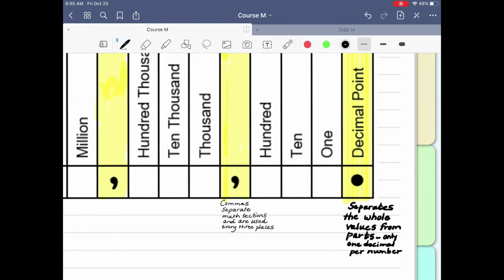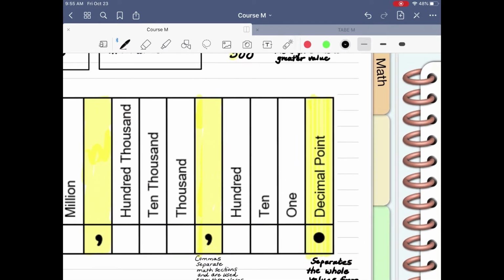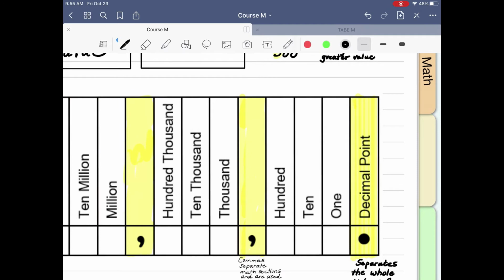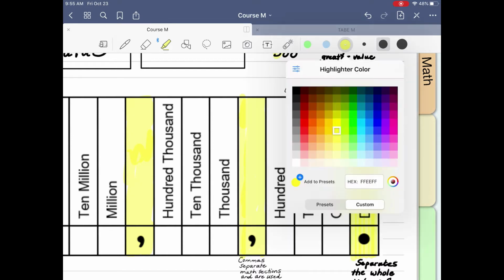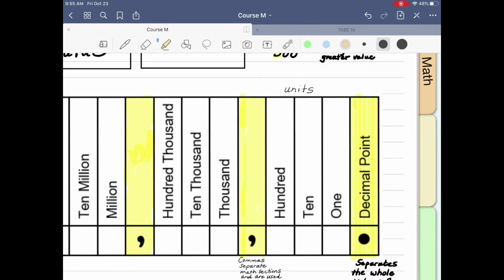So let's study our place value chart for just a second. The first section I see is called the units section. So I have 1, 10, and 100. And I think I'm going to color this too. I did in my notes, so I want to keep this the same as the notes I'm looking at, or I will get all confused. So I'm going to shade in here in orange.